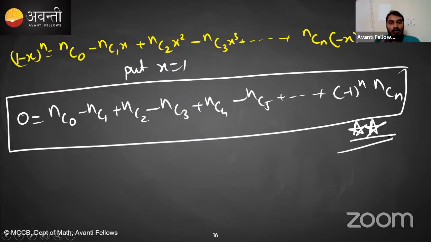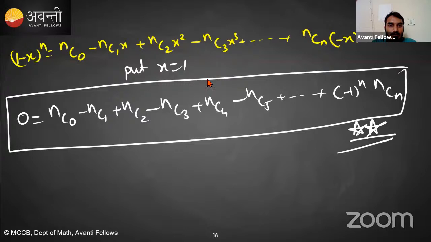By putting the minus sign alternately on the terms, the sum of the binomial coefficients becomes 0. Is that clear? Quickly let me know, students, in the chat box. Do you have any doubt?